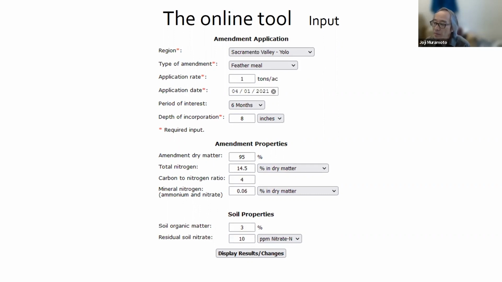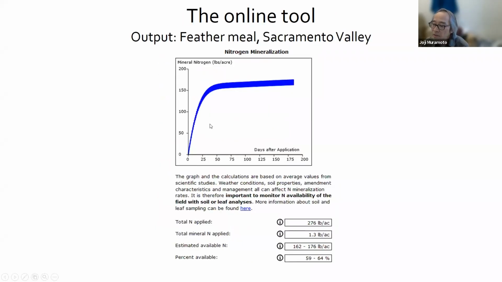You also enter soil properties, because this can simulate nitrogen mineralization from soil organic matter as well. In this example, 1 ton of feather meal in the Sacramento Valley, April application, with soil organic matter content of 3%, you can get this kind of simulation data.